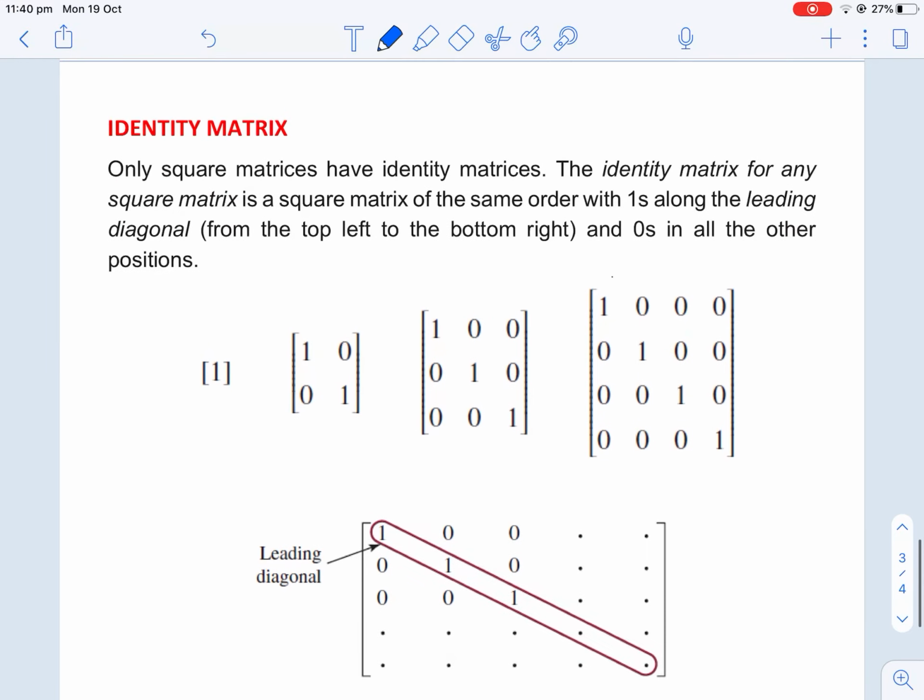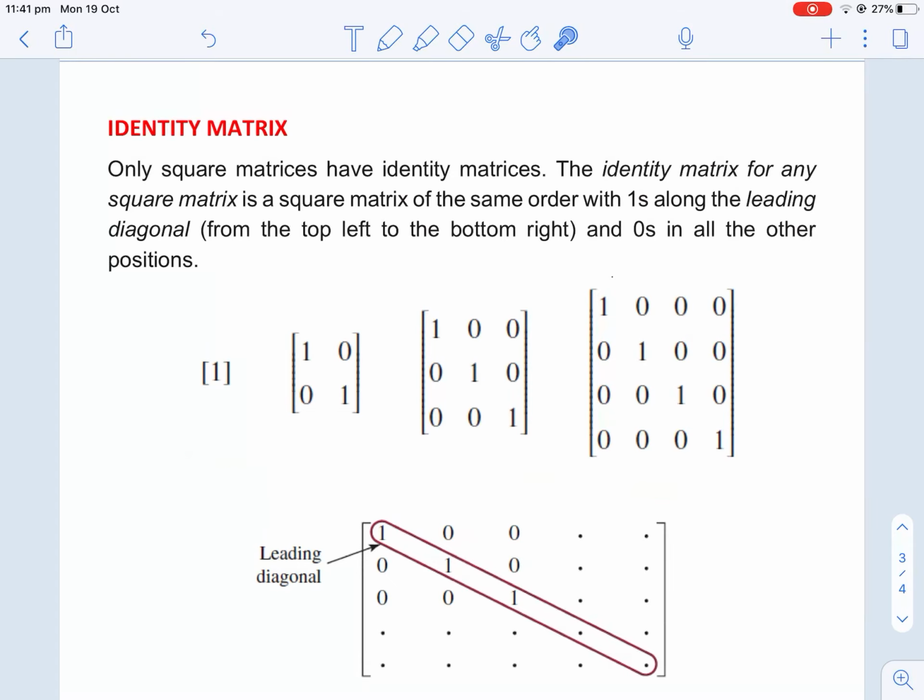The last one I want you to learn in this lesson is the identity matrix, which is so simple. Only a square matrix has an identity matrix. And the identity matrix is like this.